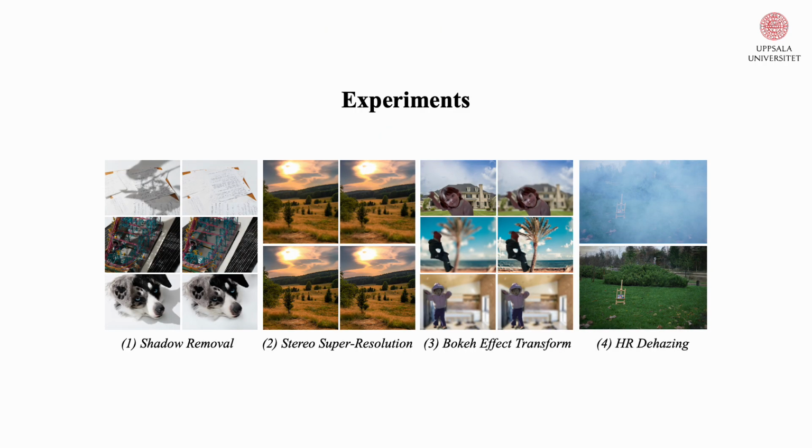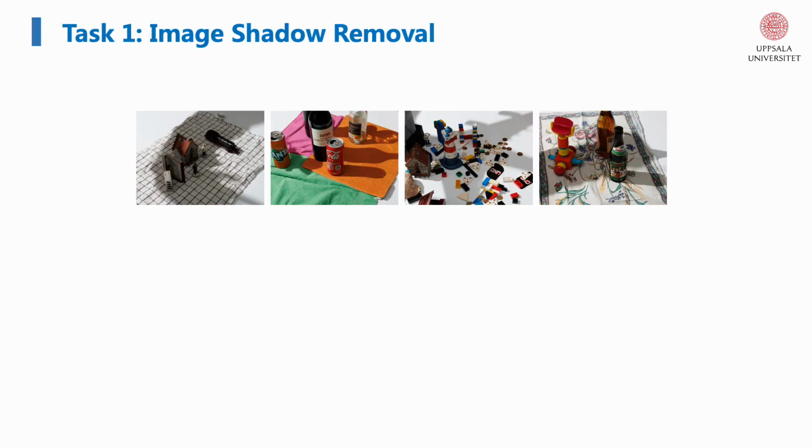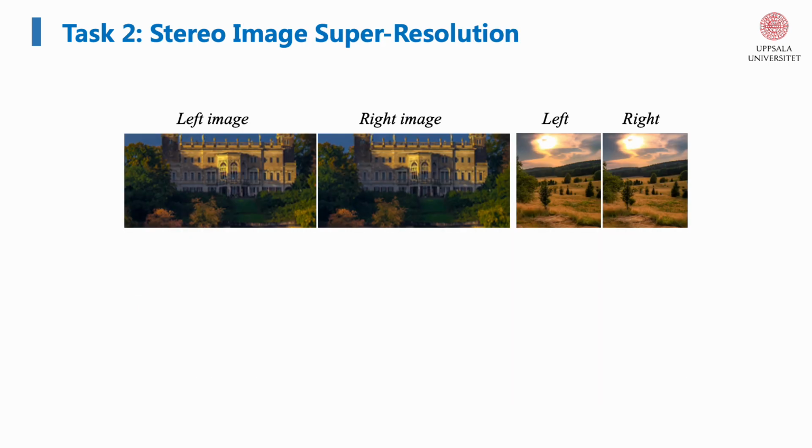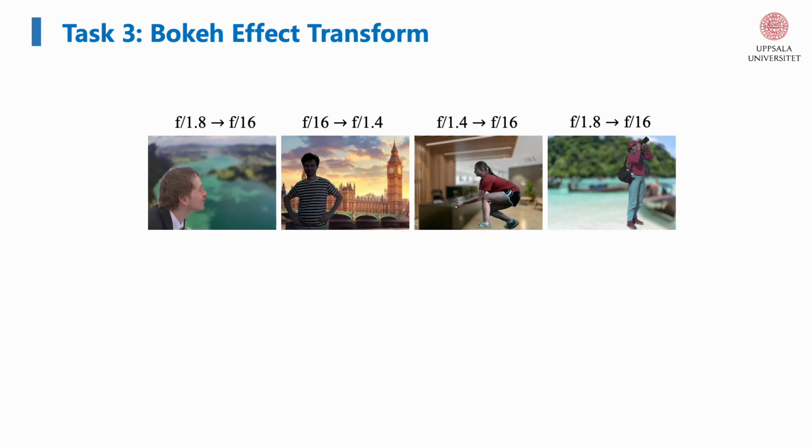In the experiments, we apply our Refusion model on 4 different tasks: image shadow removal, stereo image super resolution, bokeh effect transform, and HR non-homogeneous dehazing. Here are the shadow images and our results, and our method won the 2nd place in the NTIRE image shadow removal challenge. Here are stereo input images and our results.